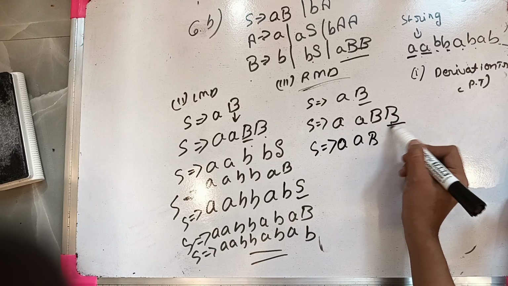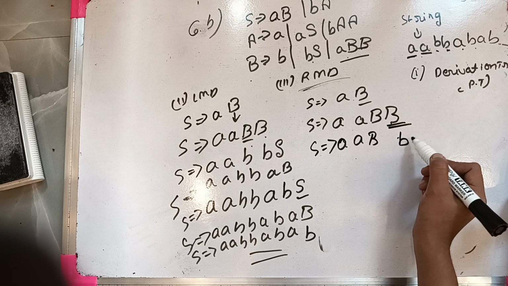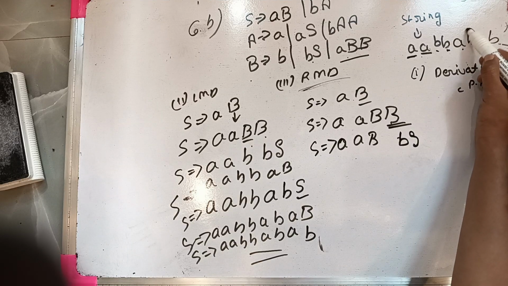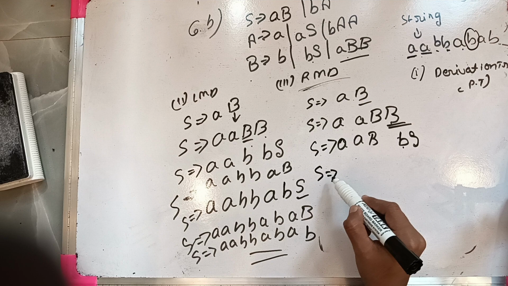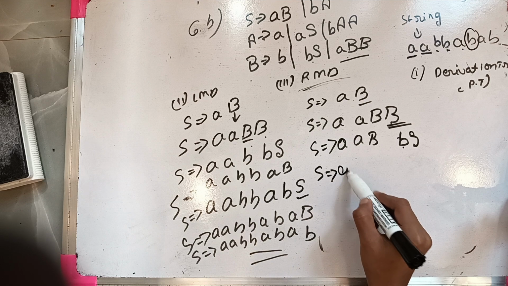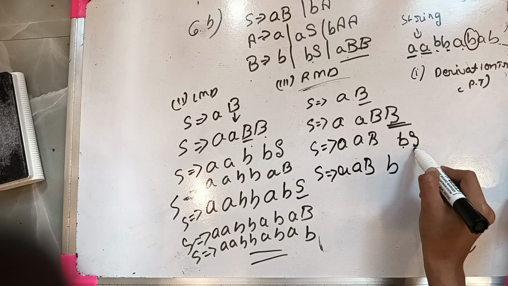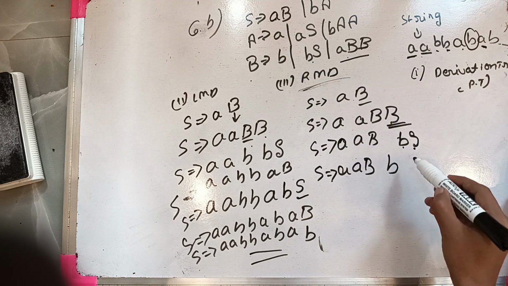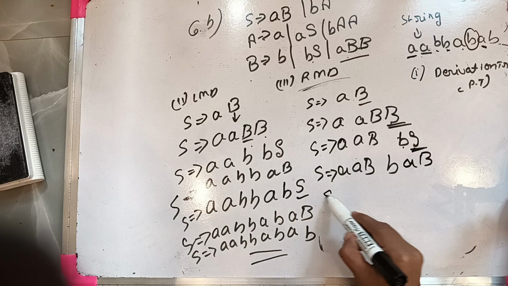B, we will substitute for this B, that is BS. I am focusing on this B. Okay, the B is here. Next B. In the place of S I will substitute AB.